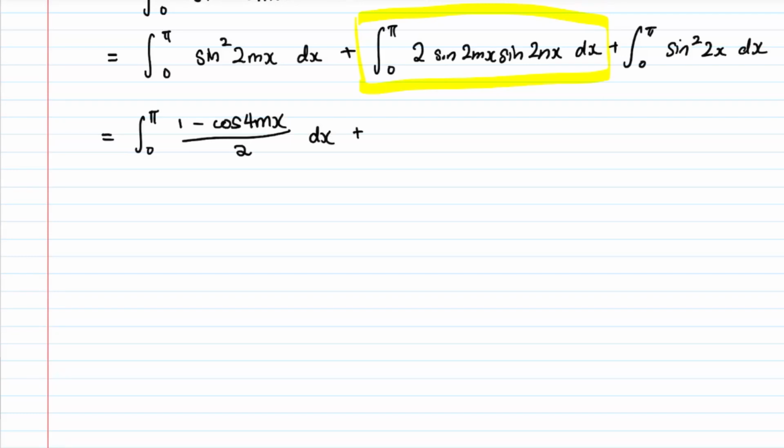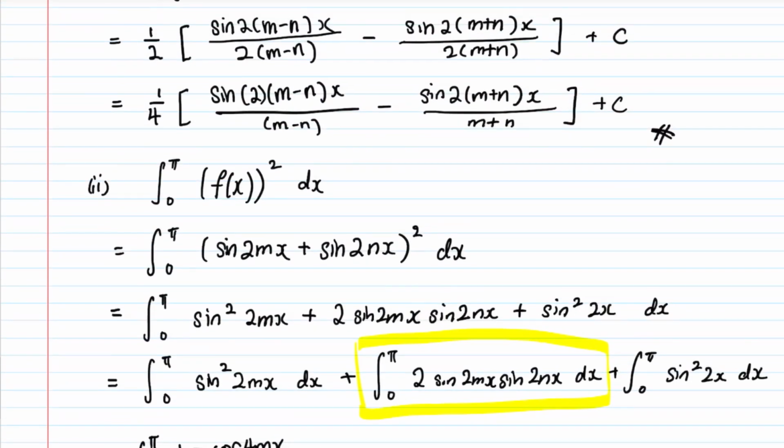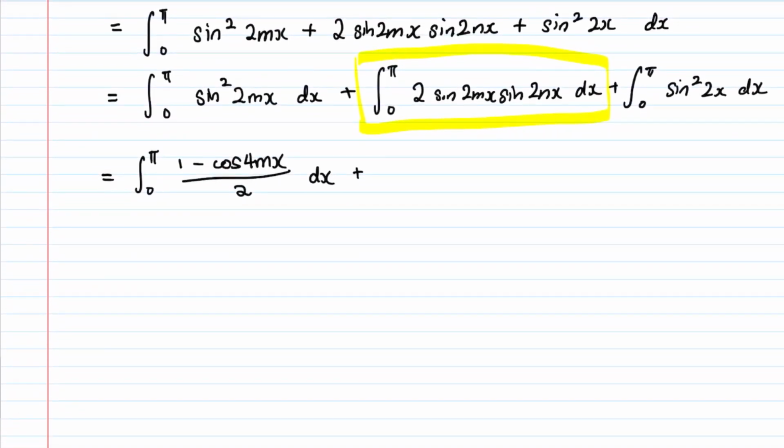The middle part, you can take out the 2. So when you take out the 2, your 2 will be no longer part of it, so you can just take this whole thing and start to integrate it.